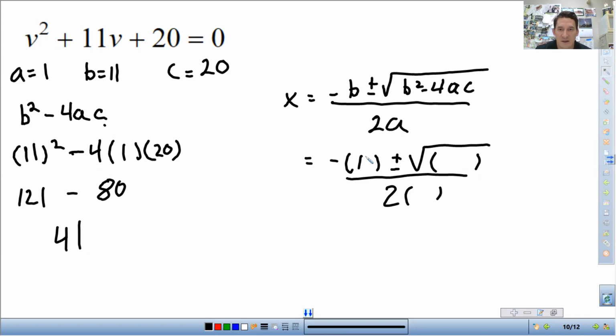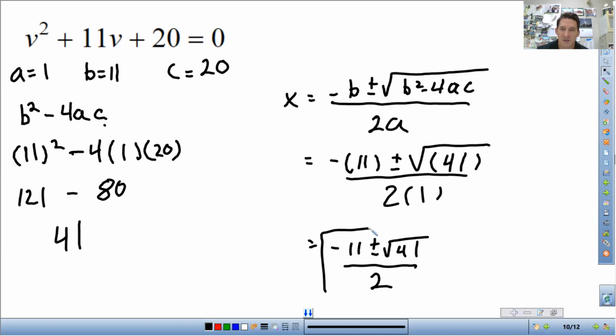So b is 11, the discriminant is 41, a is 1. Then just simplify, so it's -11 plus or minus the square root of 41 all over 2. And that actually does not simplify.